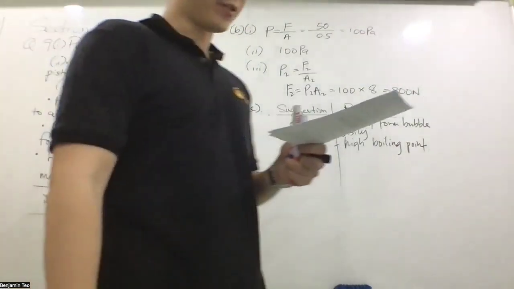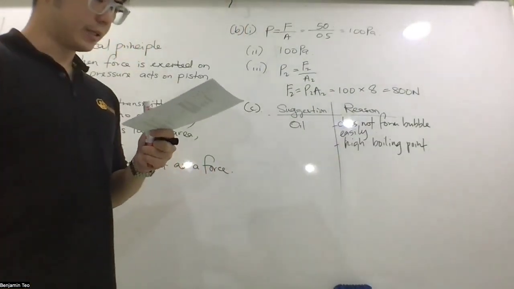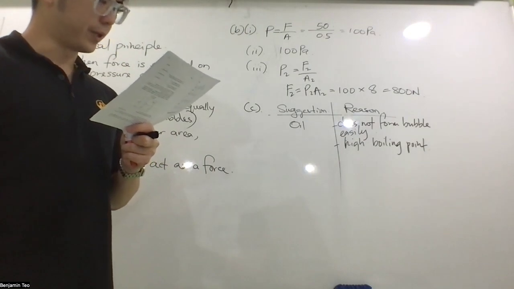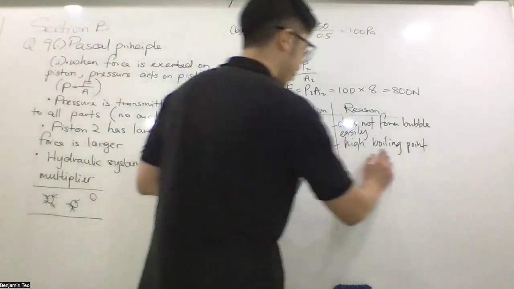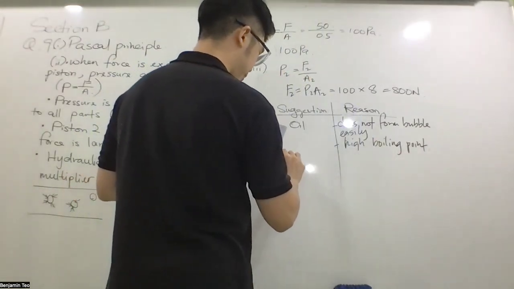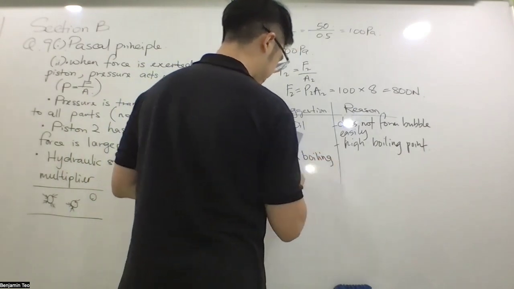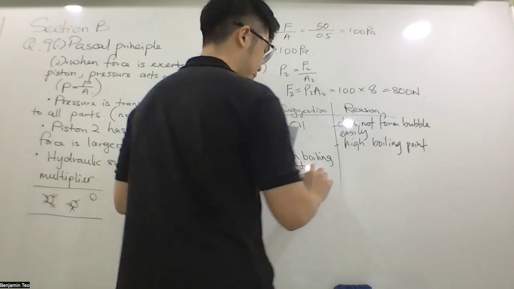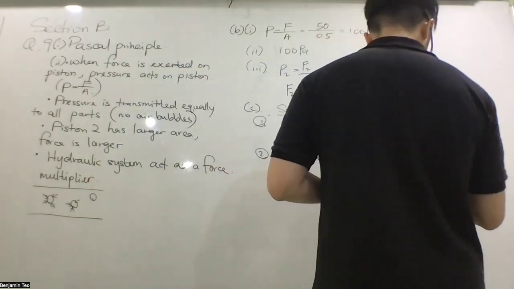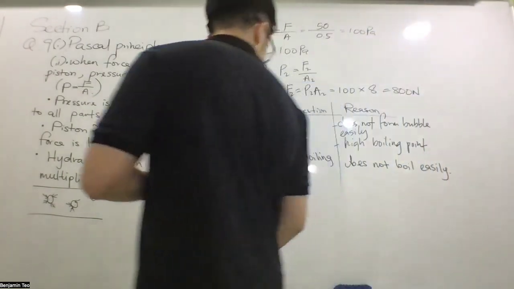During the working of the hydraulic, the oil will heat up. Okay, now, second is boiling point of hydraulic fluid. This one is the second one, so it must be high boiling point. It's not boil easily.